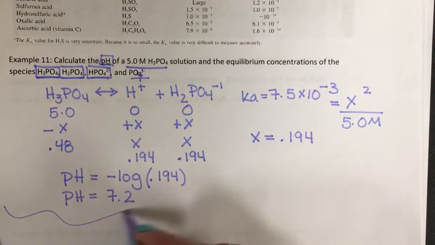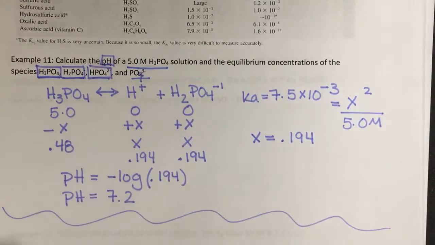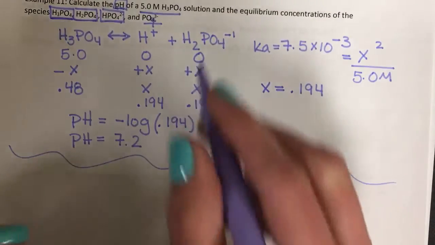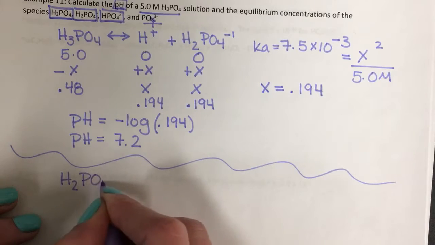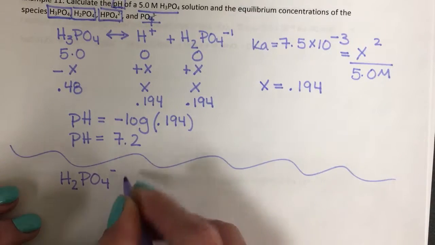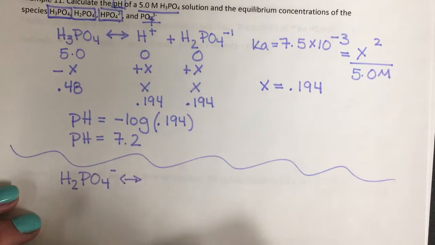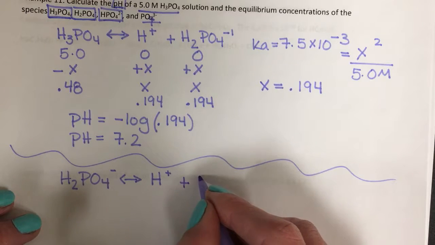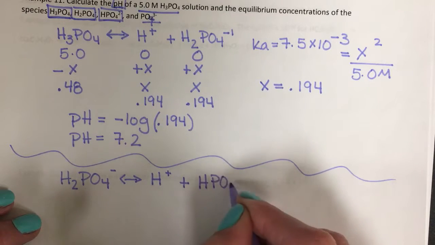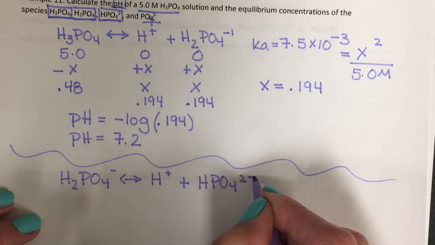So I'm going to need to do another calculation. I know that my H2PO4- in water is going to break into H+, and I know that it's going to break into HPO4 2-.